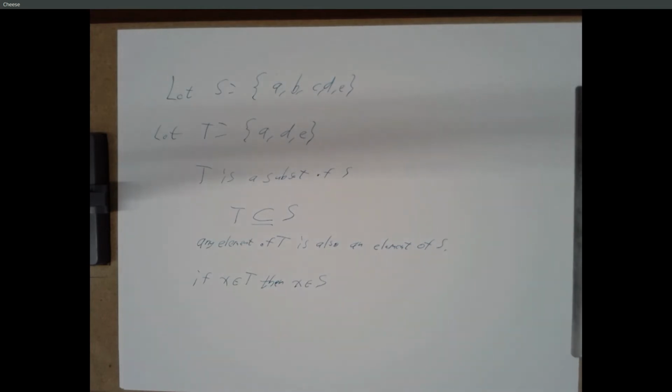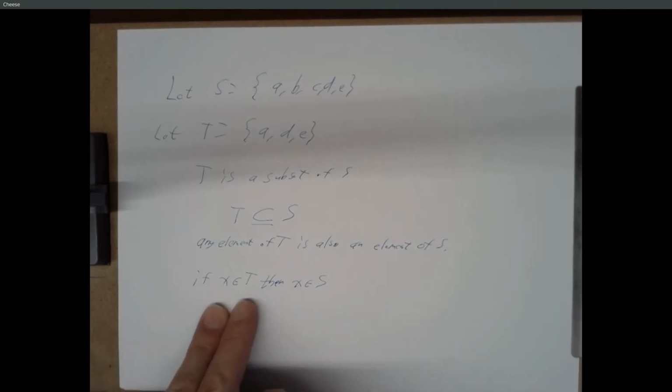The singleton set containing 15 is a subset of the set of all integers. And the empty set is a subset of the set of all integers, because everything in the empty set is also contained in the set of integers.